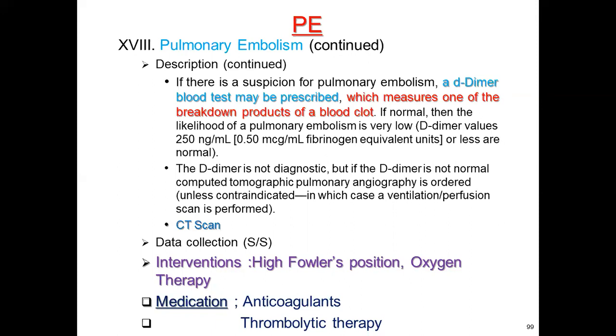Nursing care. The first priority is to place the patient in high Fowler position and give oxygen.